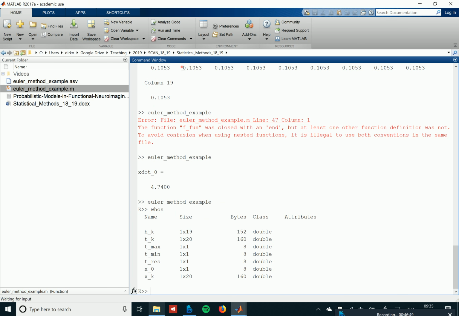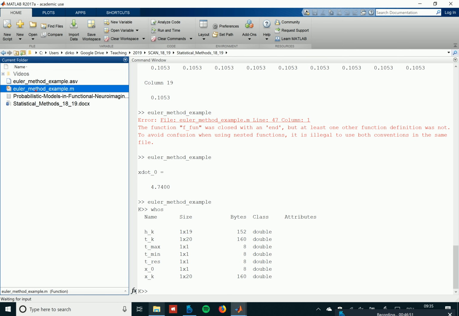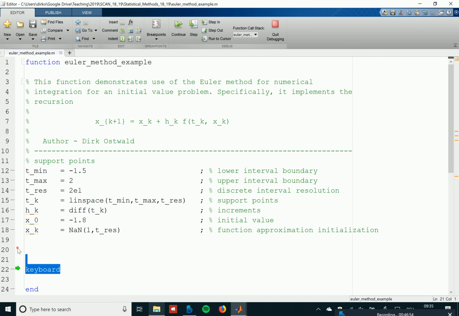So that tk and xk are fine. And then we can now implement the Euler algorithm. So first thing is initial condition initialization. So xk at 1, and this is the thing with MATLAB. MATLAB always starts from 1.